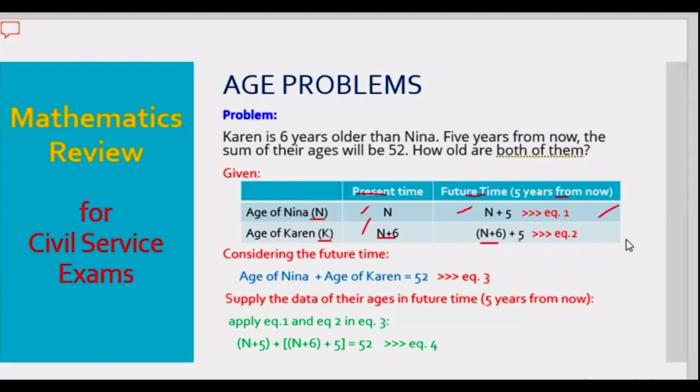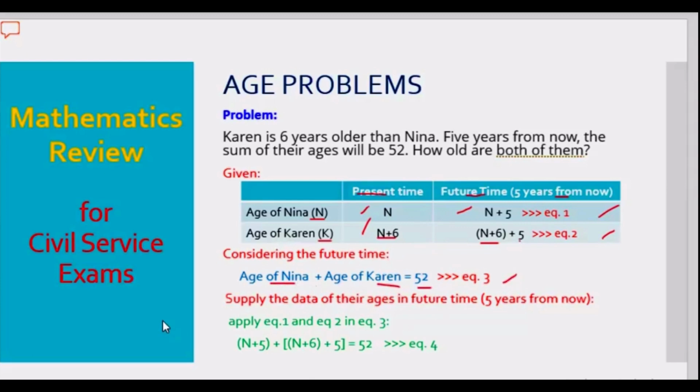So this will be now our equation number 2. So considering the future times, one of the conditions is that 5 years from now, the sum of their ages, for both Nina and Karen, is equal to 52. So this is our equation number 3, right?